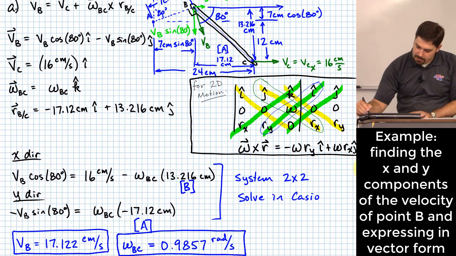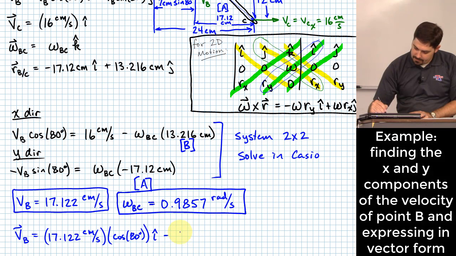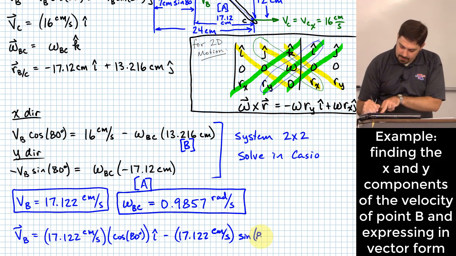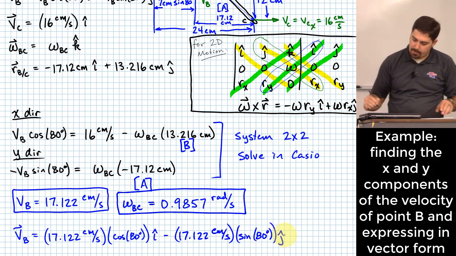And then I would subtract 17.122 centimeters per second times the sine of 80 degrees, and that would be my J component.